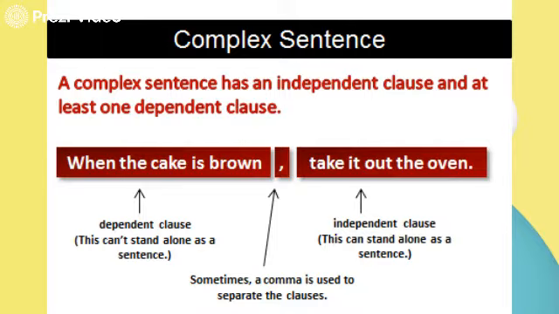In this one, they are giving me instructions: when something happens, you are going to do another thing. When is the conjunction that I was talking about.